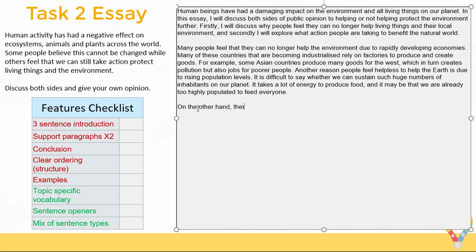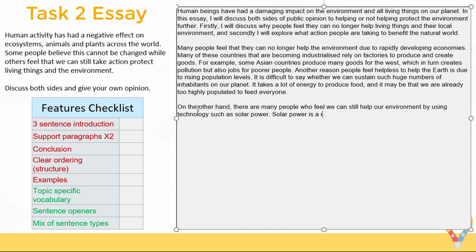there are many people who feel we can still help our environment by using technology such as solar power. And the support sentence, so add a bit more detail.